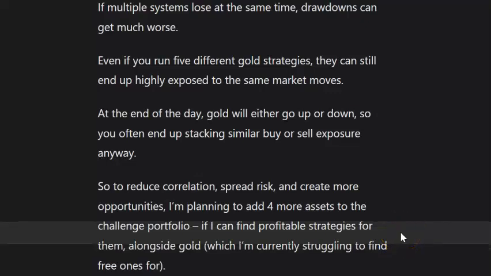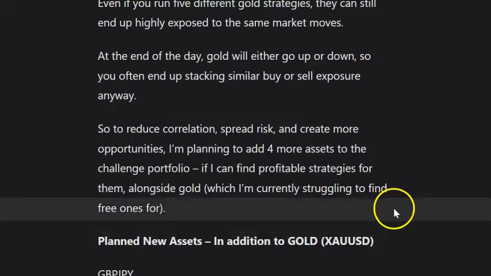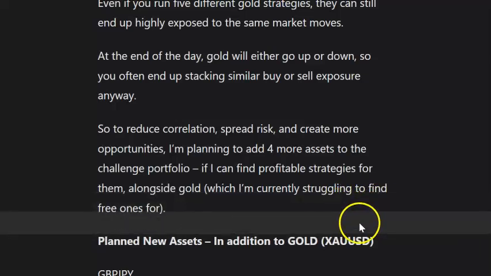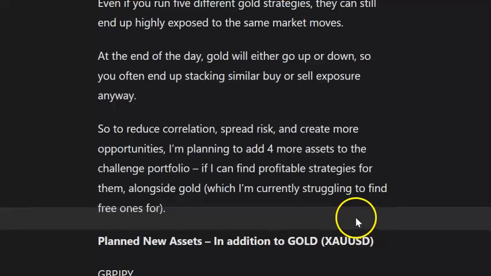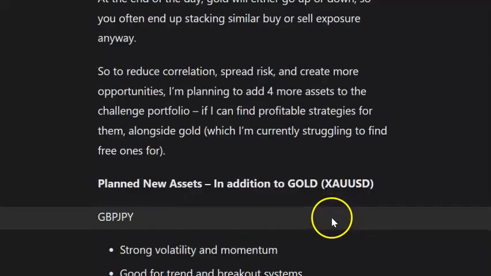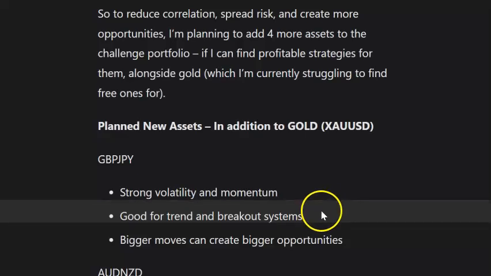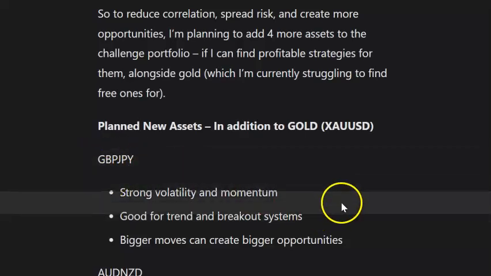I've researched those 4 assets carefully, and I think there'll be a good balance and diversification when they run alongside each other independently, if I can find profitable strategies for them. They'll be running alongside gold once I find a profitable strategy for gold, which I'm struggling to find among the free ones. These are the 4 I'm going to start researching. The first one would be GBP JPY.